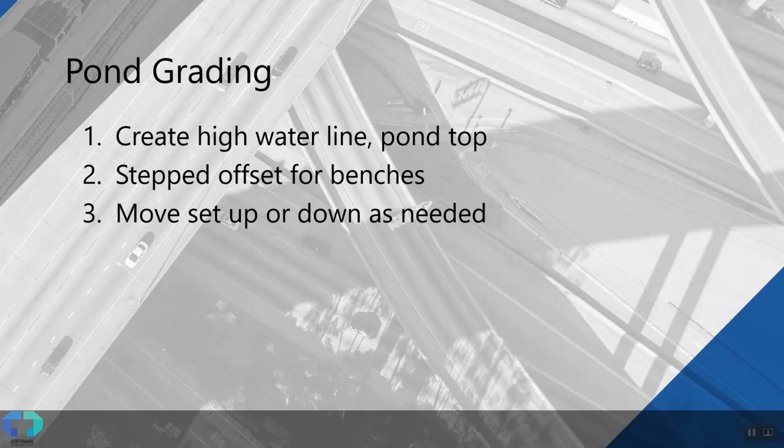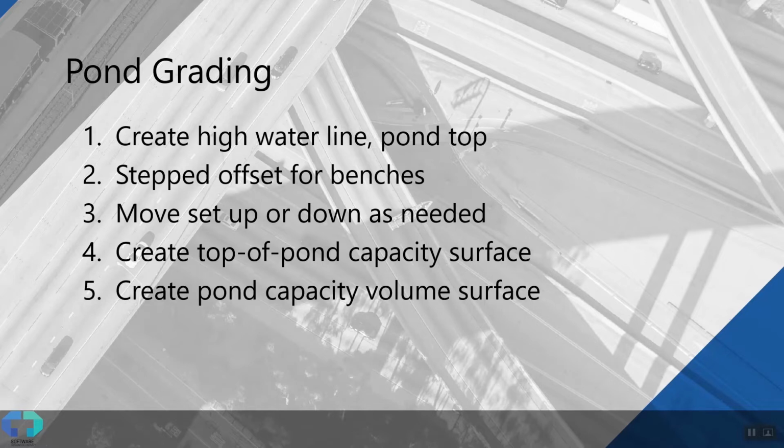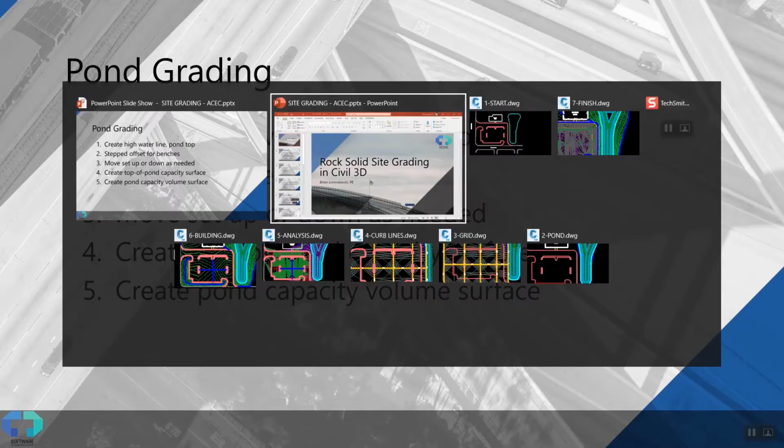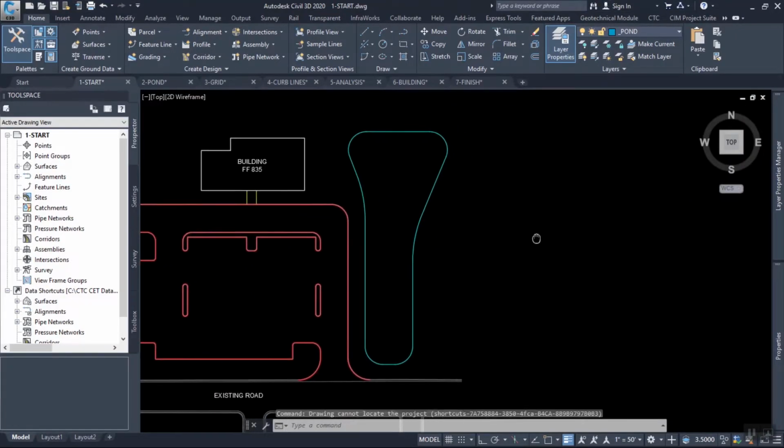I can grab that entire set of feature lines and move it up or down if the elevation isn't correct relative to my site. I then want to create a top of pond capacity surface and compare that to the pond surface itself to get my volume. What can my pond hold? Okay. Sound like a good place to start?